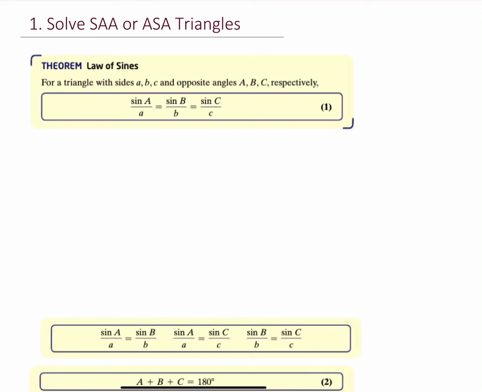So let's draw a picture of what this is describing. So we can have a non-right triangle, so something like this.